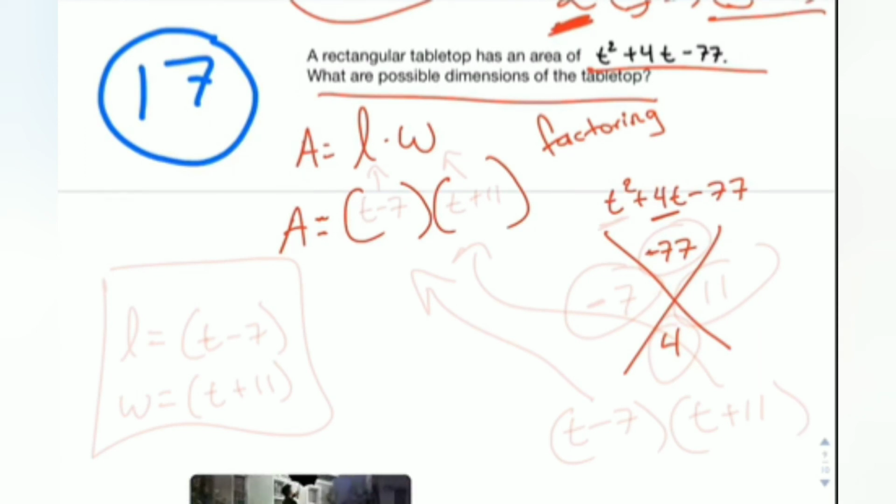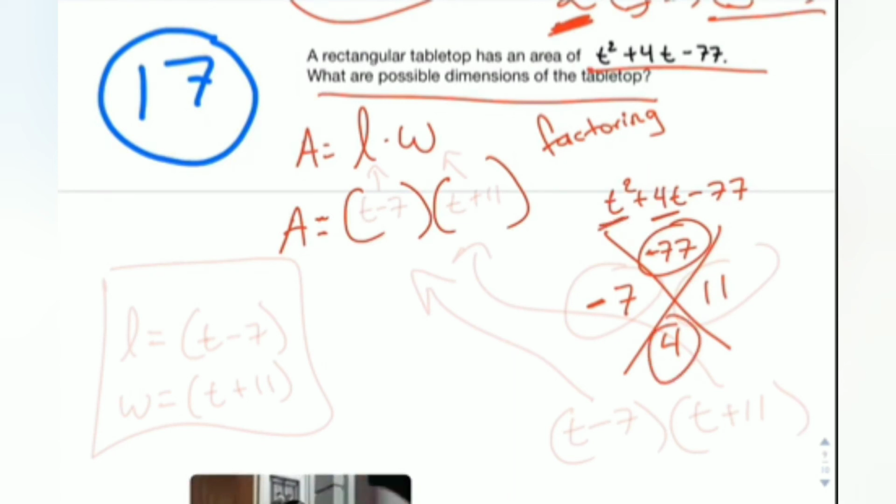So one number has to be negative and the other one positive. Let's pick negative 7 and 11. There you go. Negative 7 times 11 equals negative 77, and negative 7 plus 11 equals 4.